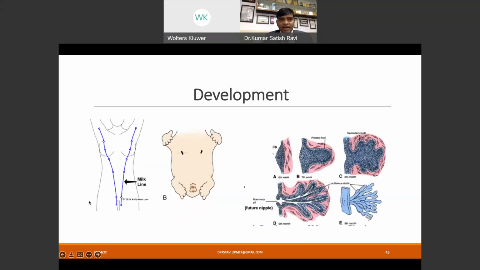Now coming to the development. When we see the development of the breast in this diagram, you can appreciate that the breast develops from an ectodermal thickening, which is called the milk ridge or the mammary ridge, or otherwise the line of Schultze.